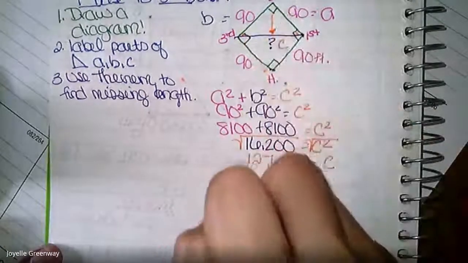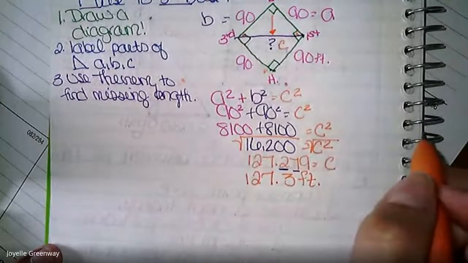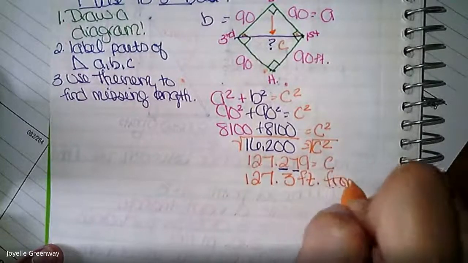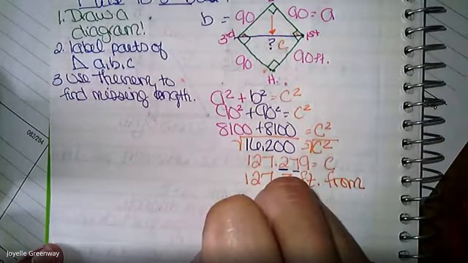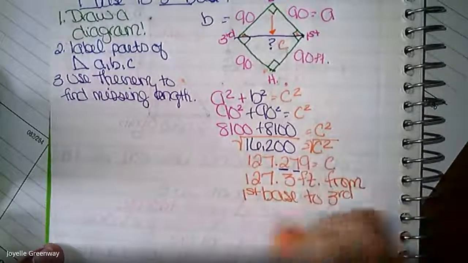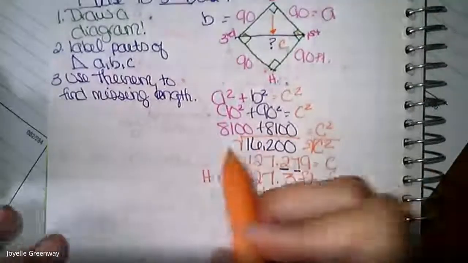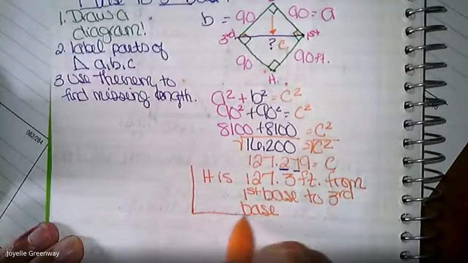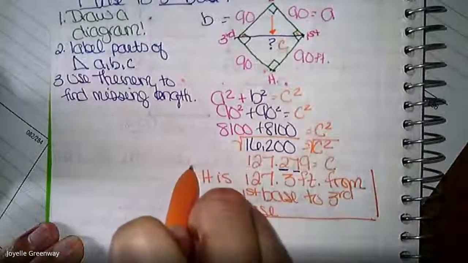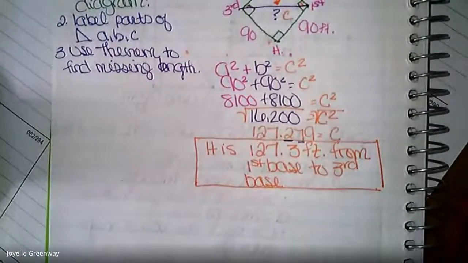So it's 127.3 feet from first base to third base. So you can say it is... You always want to answer word problems in a sentence. Okay? So draw a diagram, figure out the part of the triangle that you're missing, and then use Pythagorean theorem.